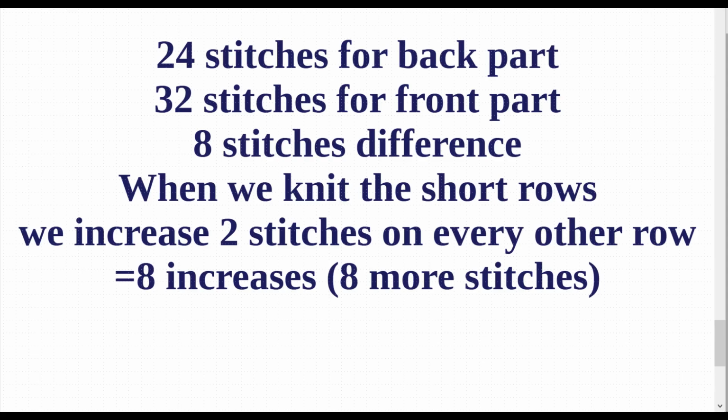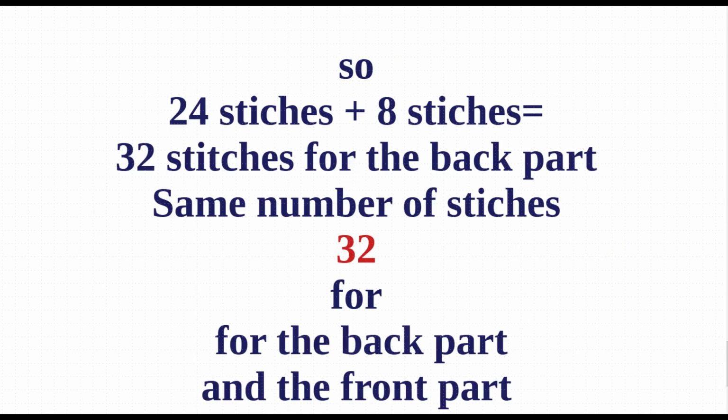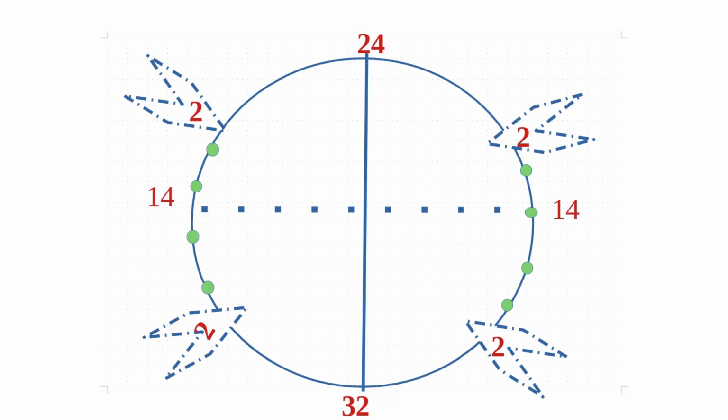And as you might notice, I use 8 fewer stitches for the back part, and this is because when I'm going to knit my short rows, then I will add 8 increases on these short rows, and in this way, when I finish adding my short rows, the number of stitches for the back part and the front part will be exactly the same.